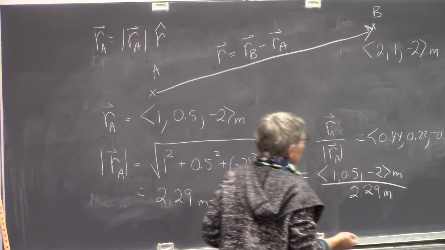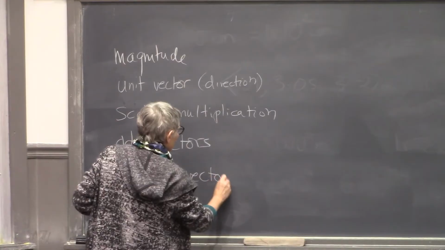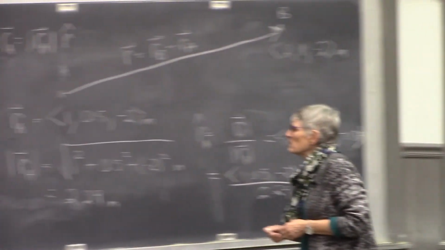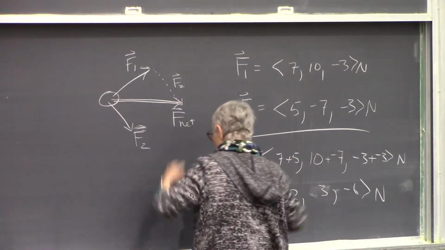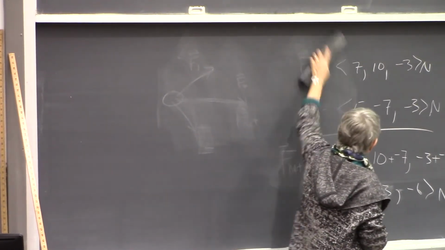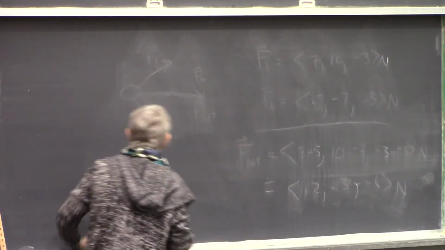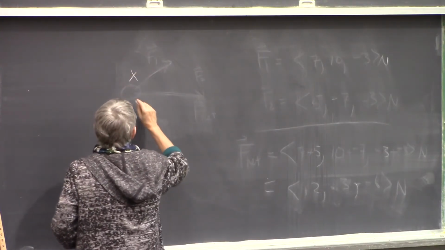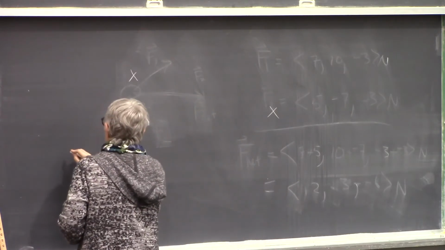So we can subtract vectors. And what do we do to subtract them graphically? Well, let's do a 2D example for a minute just because it's easier to draw. So if here's some location, here's some other location, and here's our origin.